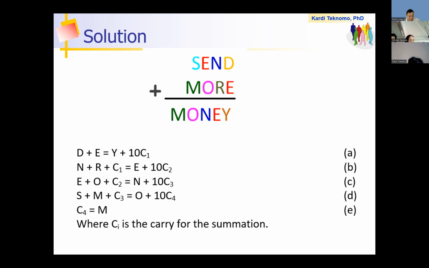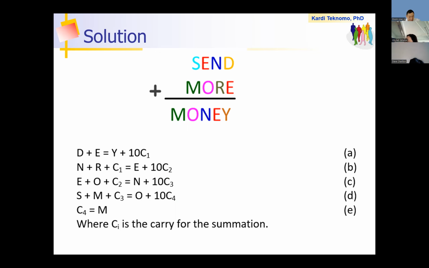But this one must have a carry. The carry means 10 times C1, where C1 means carry 1. And then C1 plus N plus R equal E, correct? So then you have carry 2.